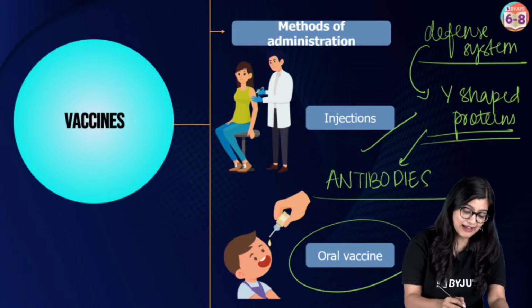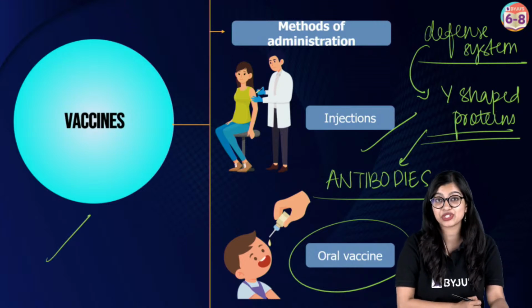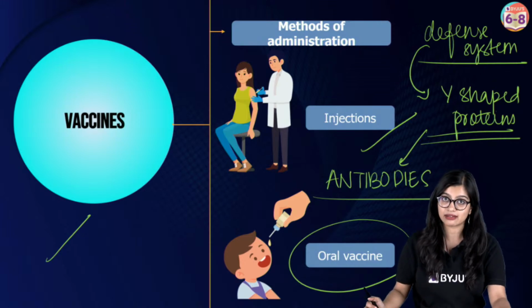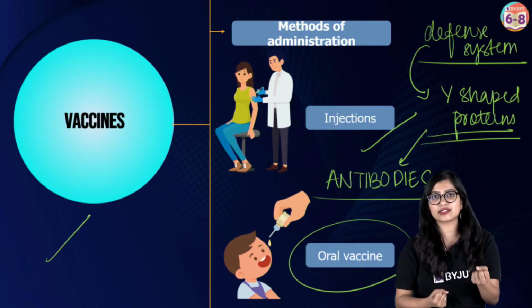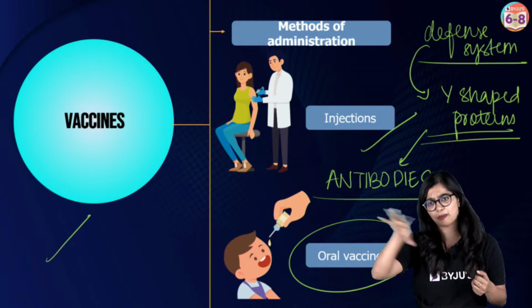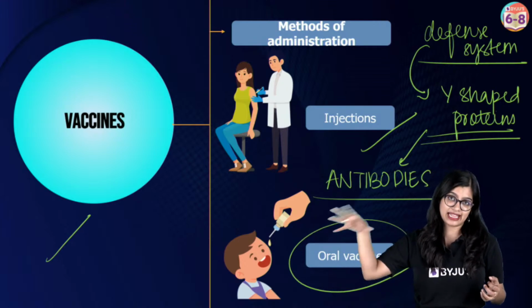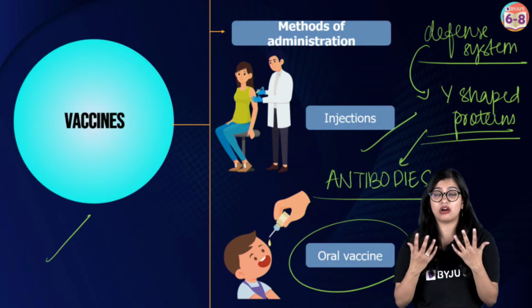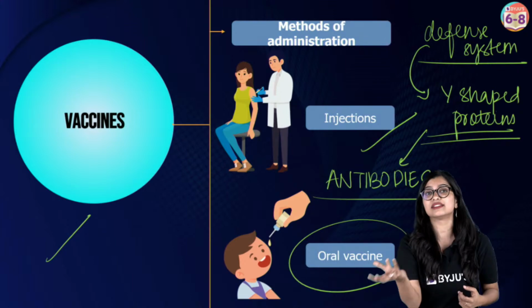Is there any natural vaccine? Good question. Normally, if you have not got a vaccine and you have fallen sick, a disease-causing microbe will enter your body, you will fall sick, your body will fight and produce these antibodies. At the end of it, naturally your body will develop a resistance to that.